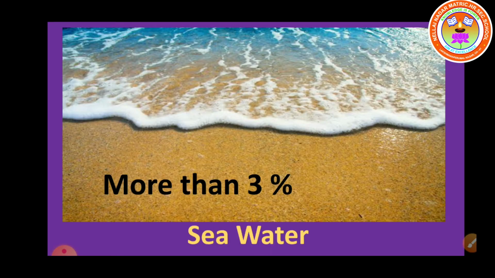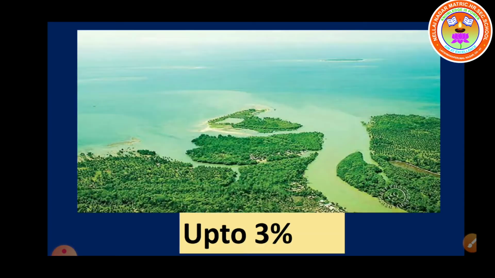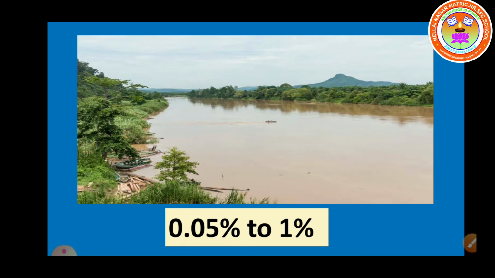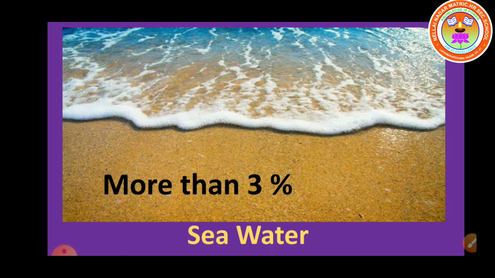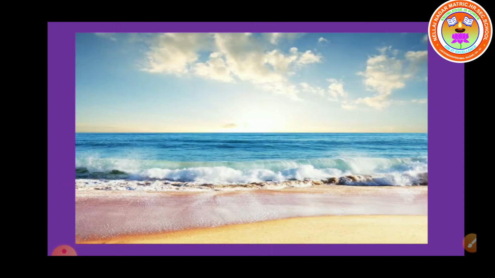And seawater contains more than 3% of salt. So fresh water has 0.05 to 1% salt, brackish water up to 3% salt, and seawater more than 3% salt.